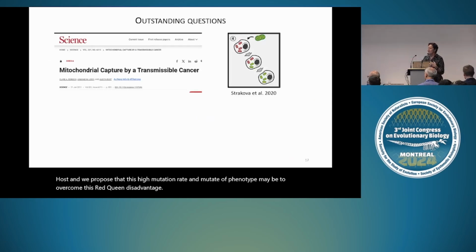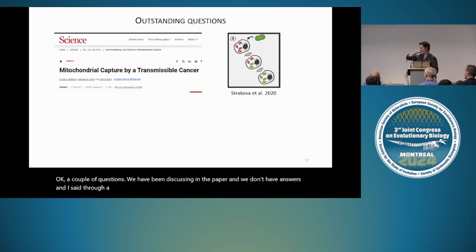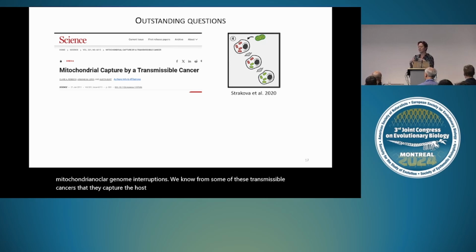Okay, a couple of questions we have been discussing in the paper and we don't have answers to. I sat through a mitochondrial session yesterday and was excited to hear about mitochondrial-nuclear genome interactions. We know from some of these transmissible cancers that they capture the host mitochondria to rescue their own mitochondria, and that those mitochondria can take over in the cells.